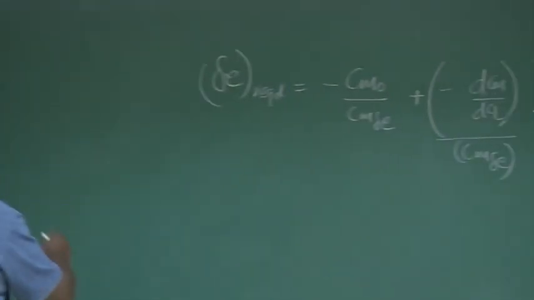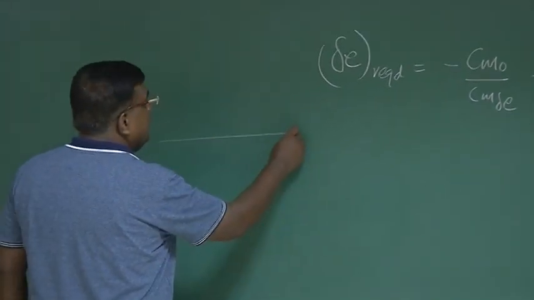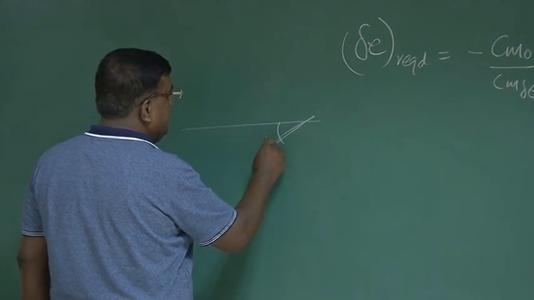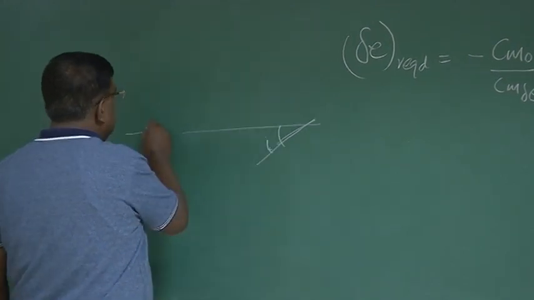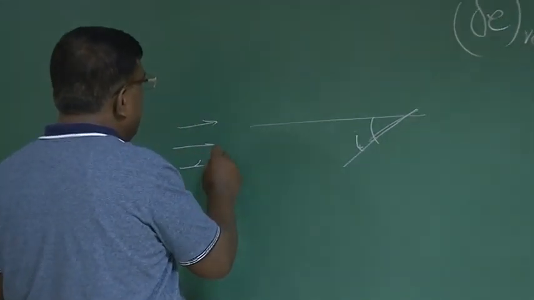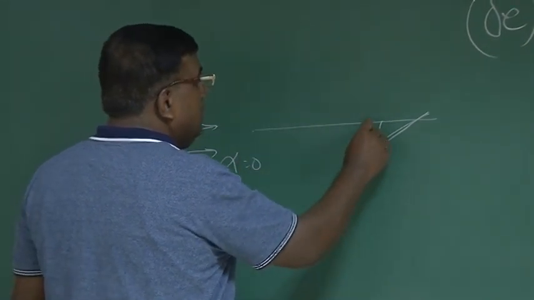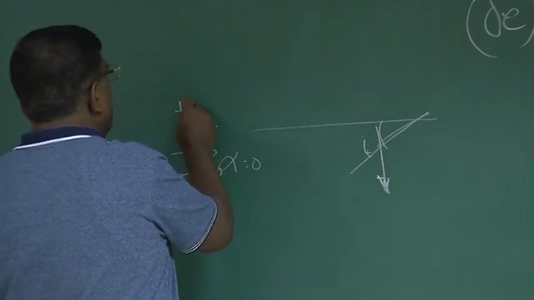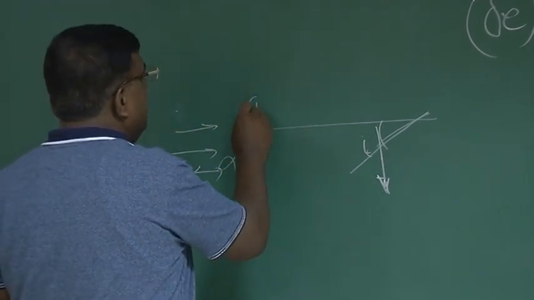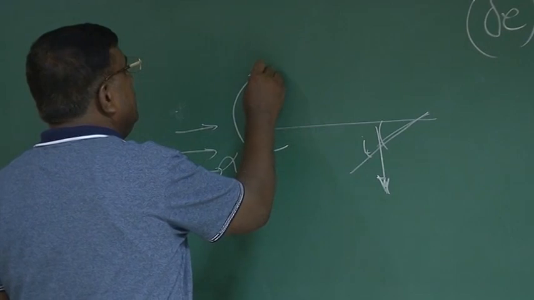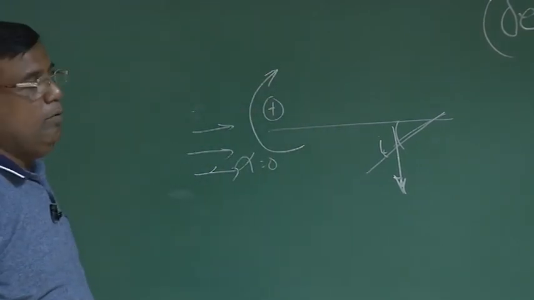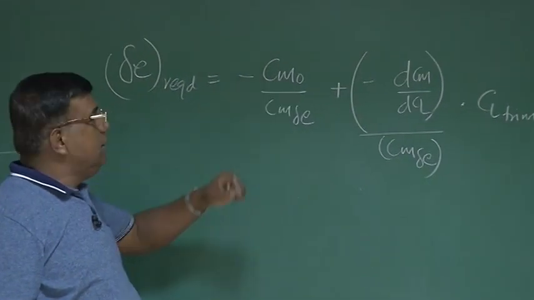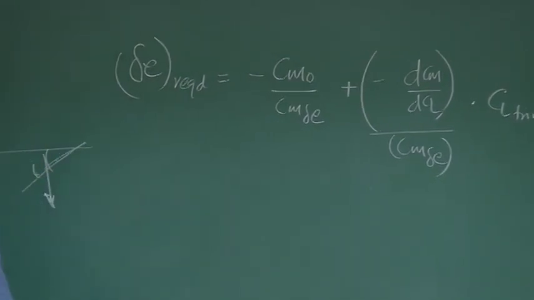That is, if I put the tail like this, at some setting angle I call IT, as flow is coming like this at alpha equal to 0, this will have a force generated in the downward direction, and suppose the CG is somewhere here on the aircraft, so this will give a positive pitching moment, which is Cm naught. Right? What was Cm delta E?